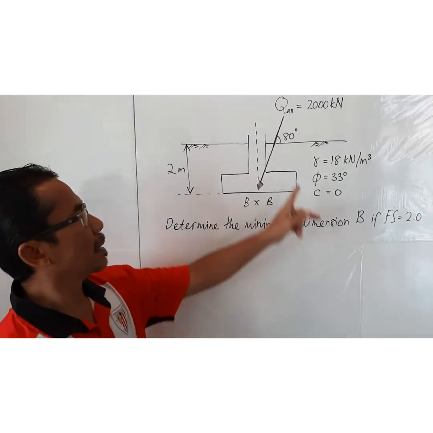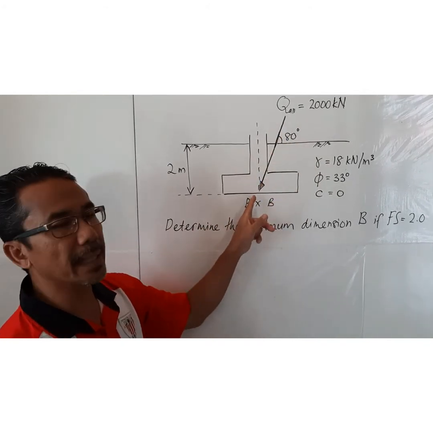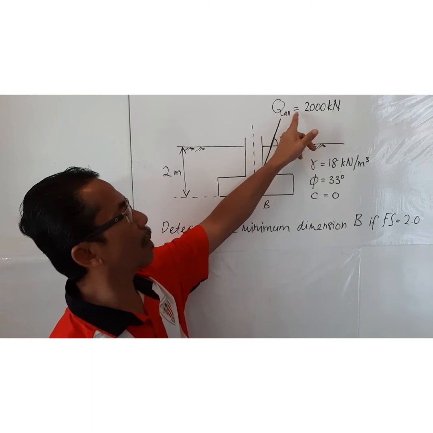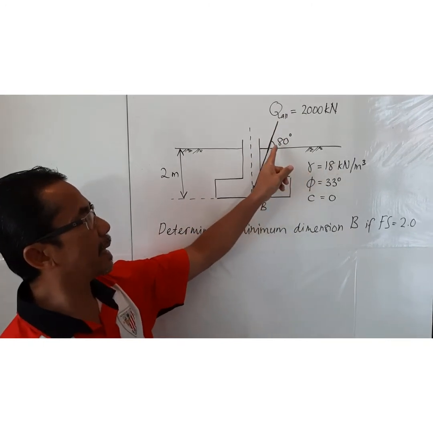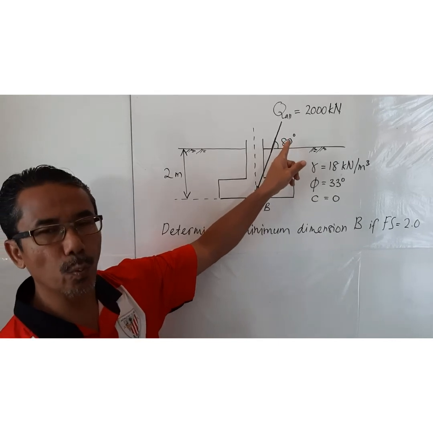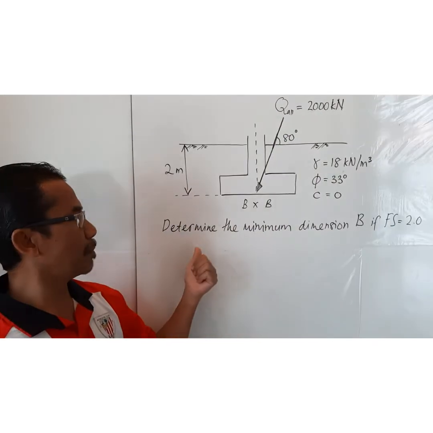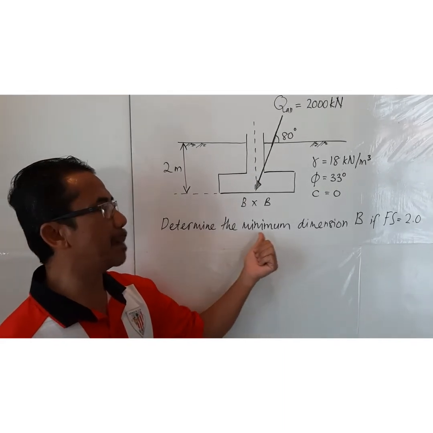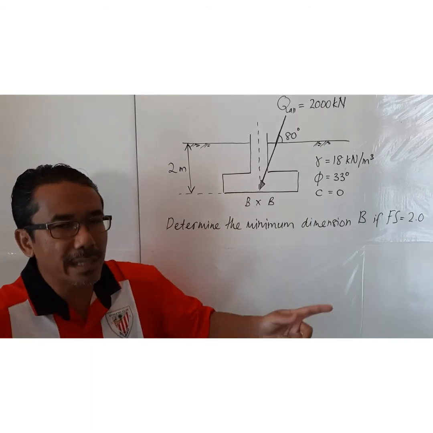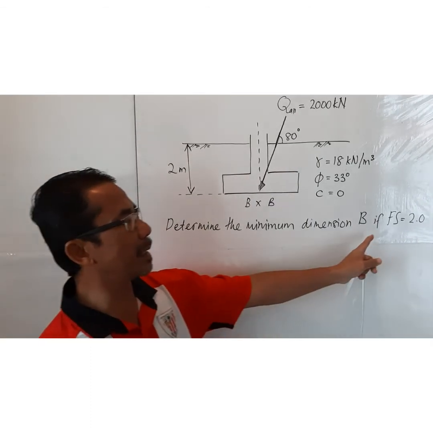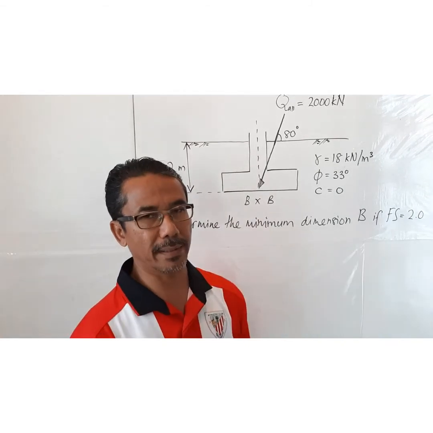This footing is subjected to an inclined load, Q allowable equal to 2000 kN, inclined at an angle of 80 degrees with respect to the horizontal plane. In this problem, we have to determine the minimum dimension B. What is the dimension of the footing, if the safety factor is equal to 2.0?